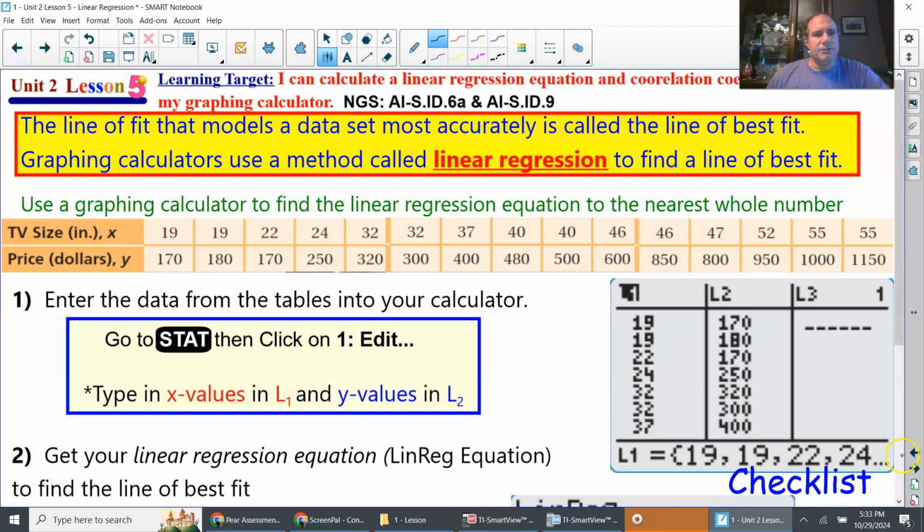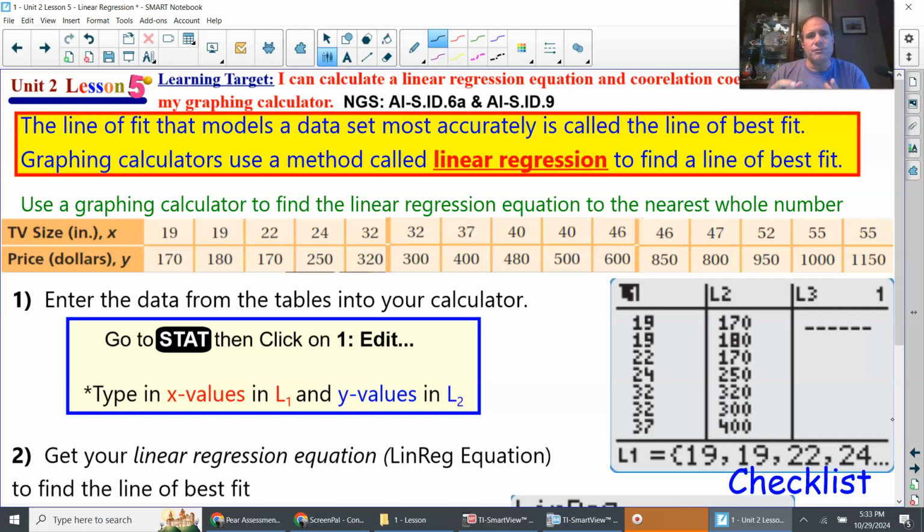For the next page, we are going right into linear regression equations. Just remember, a linear regression equation is basically the equation of the line of best fit.